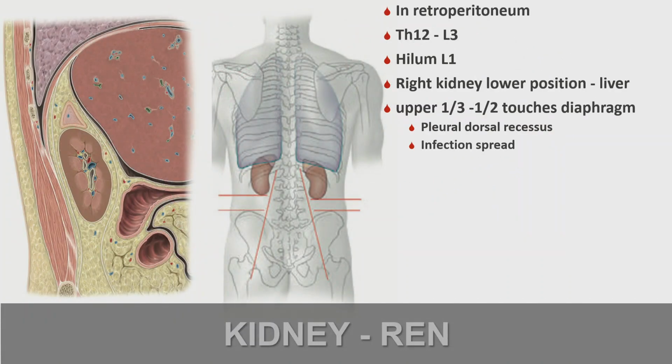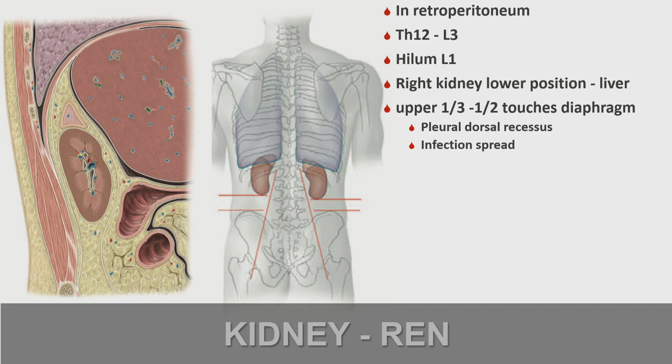So now we turn to the second part. Now we turn to the kidney and then adrenal glands and also the collecting system of urine.